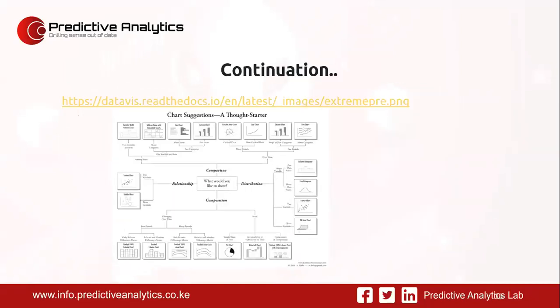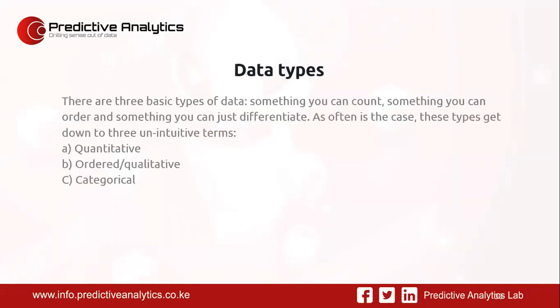And then I gave a link to an illustration on chart suggestions, and I'll give you another link to another version of the same. This could just help you when you're making decisions, choosing the chart types that you're going to use.